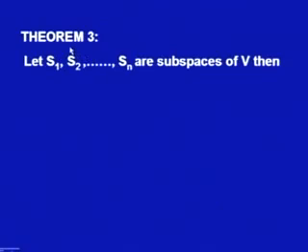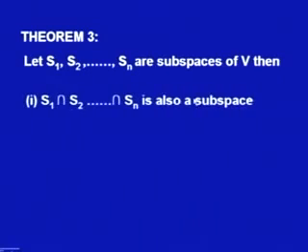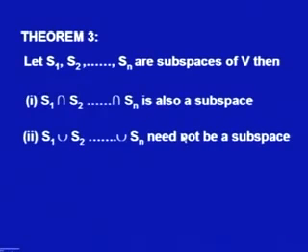Now, this result is generalized in the form of theorem 3, and what we say is that if S1, S2, up to Sn are subspaces of V, then the first result says that S1 intersection S2 intersection up to Sn is also a subspace, although we have proved it for n equal to 2. Similarly, S1 union S2 union up to Sn need not be a subspace.